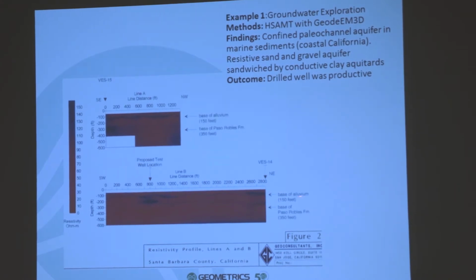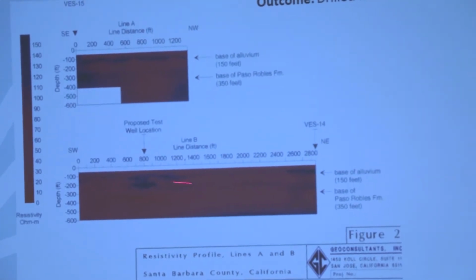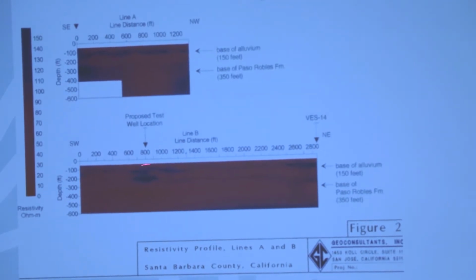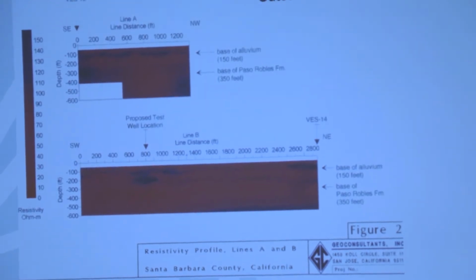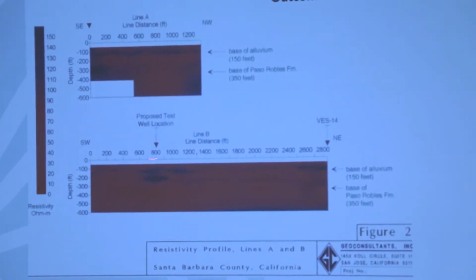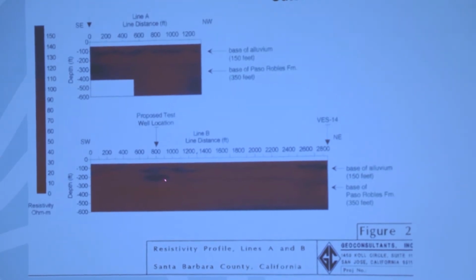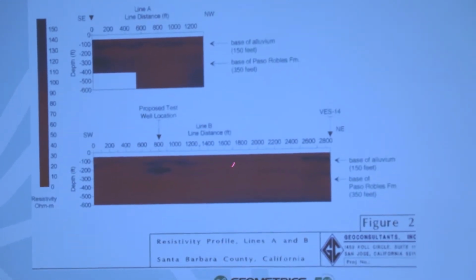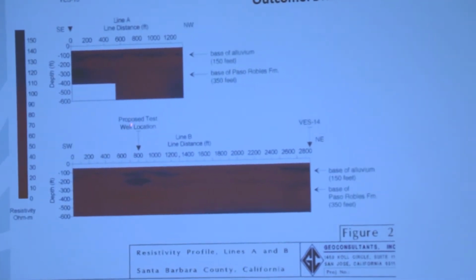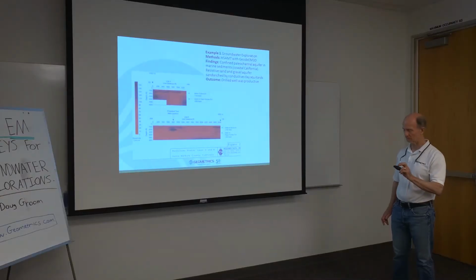This is the base of the alluvium. This is another known geologic structure, but we see here a more resistive area that goes to depth. Unfortunately, this is only a 2-color scale, so it doesn't bring out all of the detail. But what we're looking for is a resistor sandwiched between conductive layers. That's what we see. A well was drilled here and it was productive.